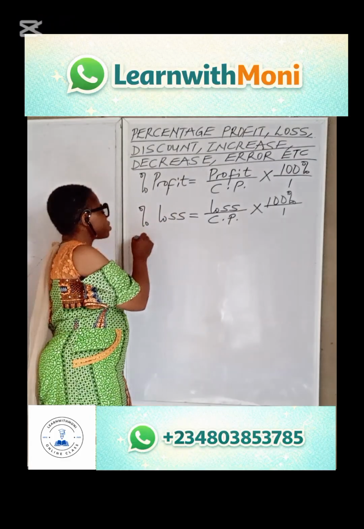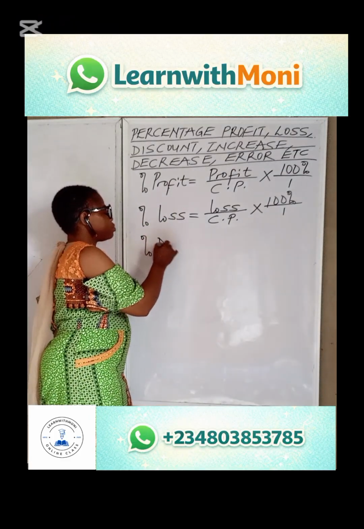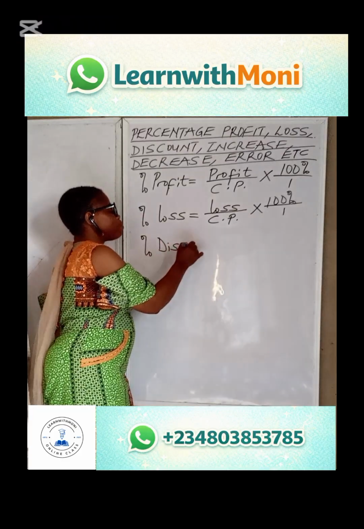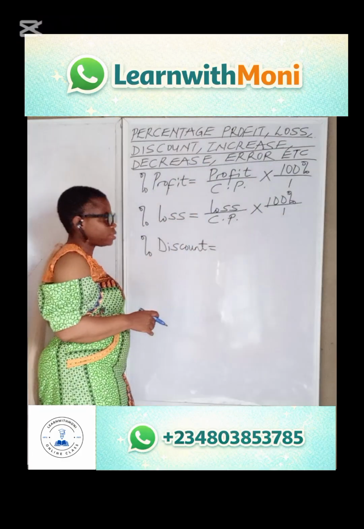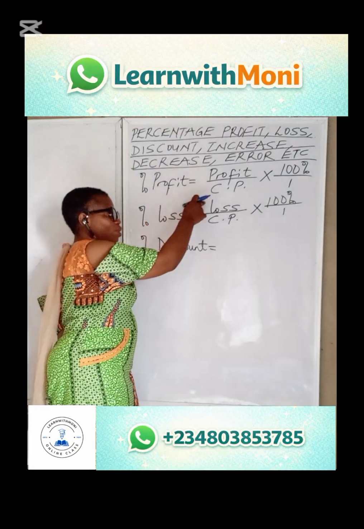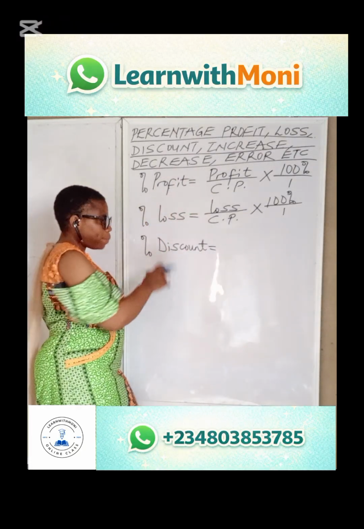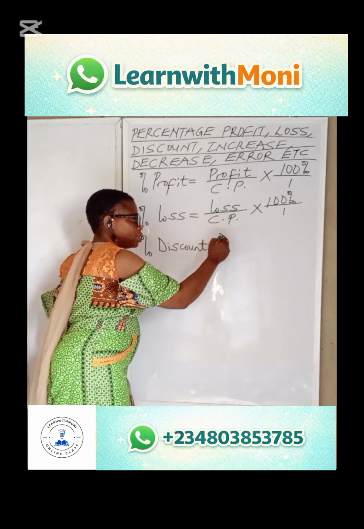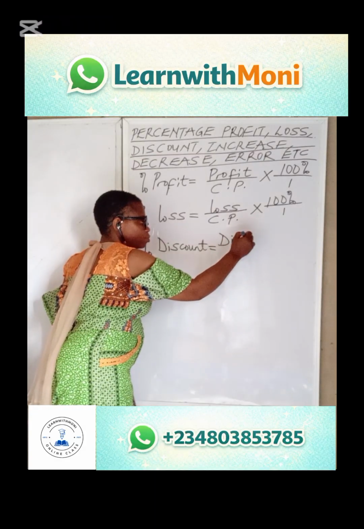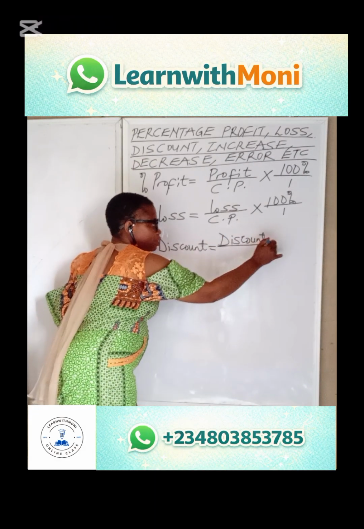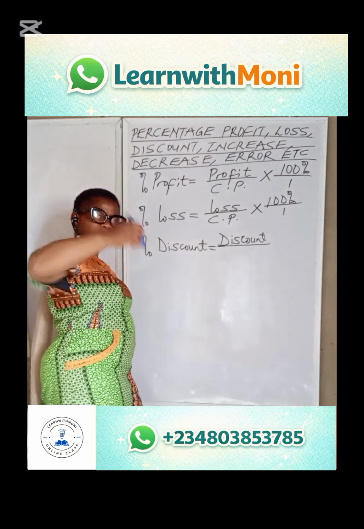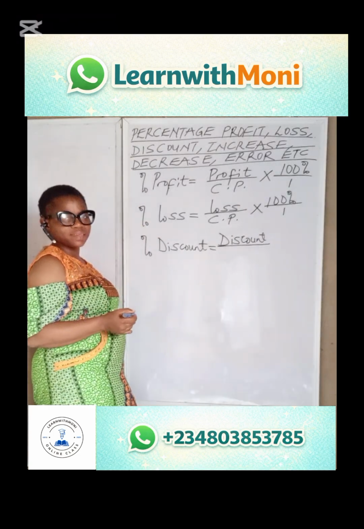Now let's say I'm looking for percentage discounts. Just like percentage profit is profit over cost price, percentage loss is loss over cost price, percentage discount is going to be discount, that is the actual discount, divided by the original price of the item.